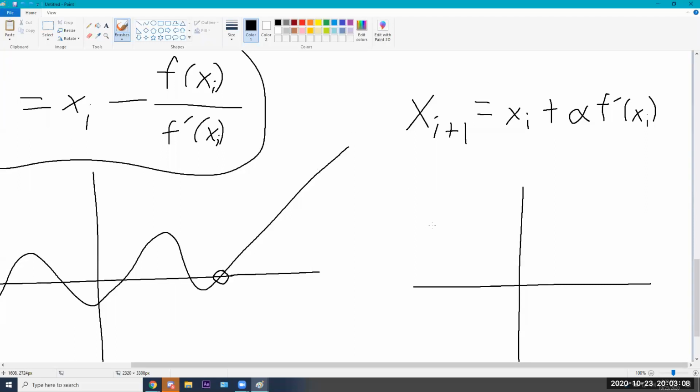If you have a function like this and you start out here, instead of just finding the zero, it's going to keep going to the next approximation. It goes here, here, and just finds the local extremum, the lowest number. That's if this alpha value is negative.